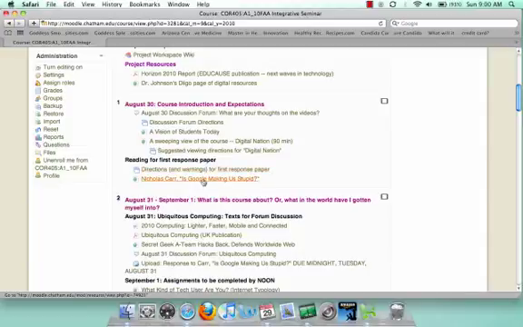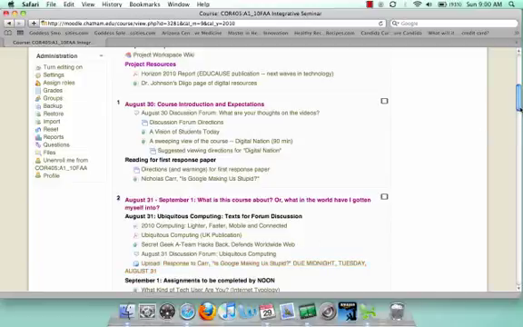Here's the reading for that first response paper. And by the time you look at this in real time, I'll have the link there for you to upload your first response paper. Oh, silly me. Here it is down here because it's due on Tuesday. So everything that is due, the link to upload that will be embedded somewhere during the flow of the course.